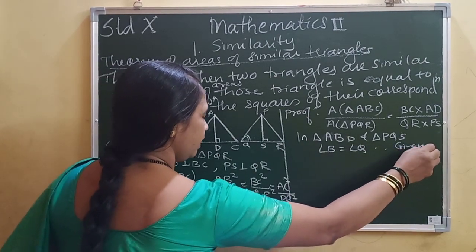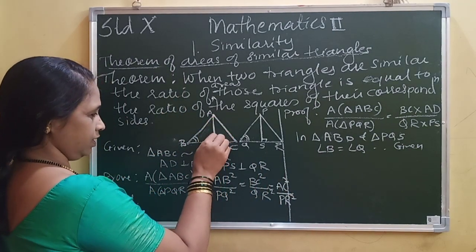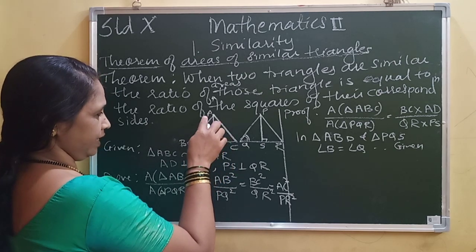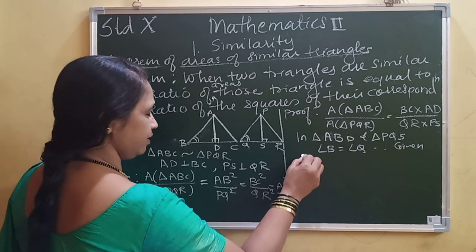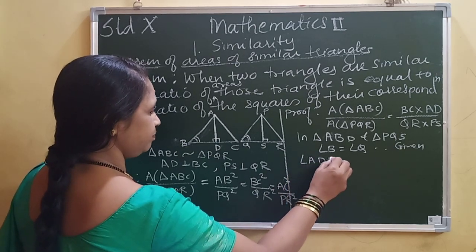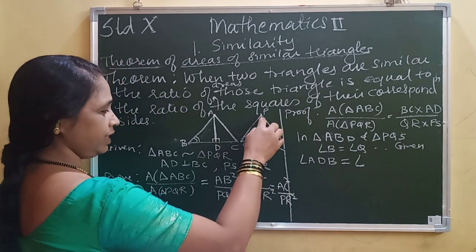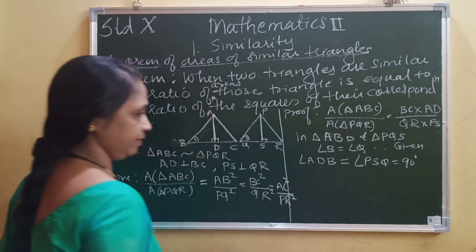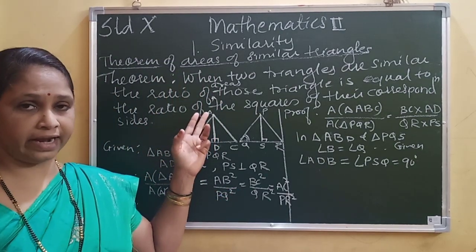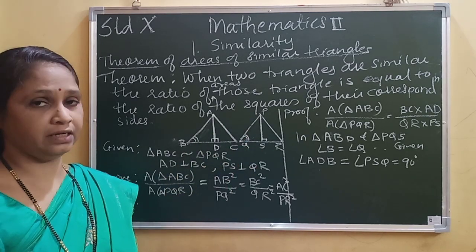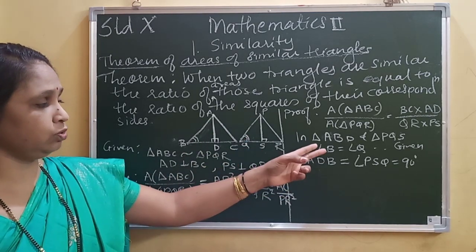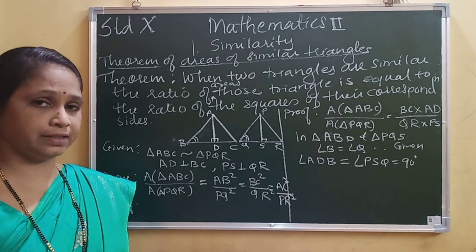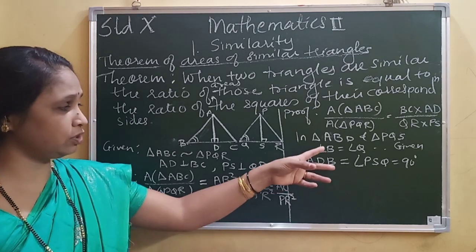Now, you see this symbol, it indicates 90 degrees. So angle ADB is equal to angle PSQ, which is equal to 90 degrees. So in triangles ADB and PSQ we have got two angles equal. To prove similarity we need at least two conditions, and we have got these two conditions.